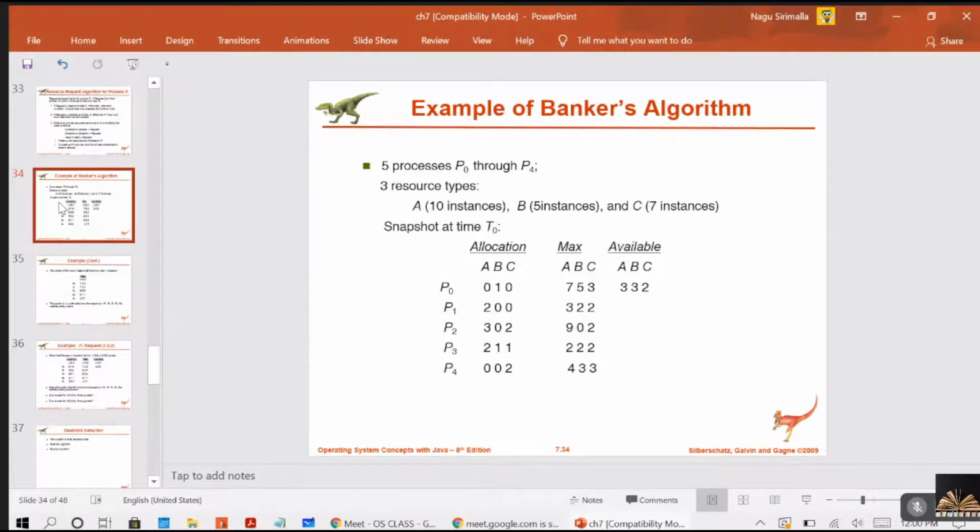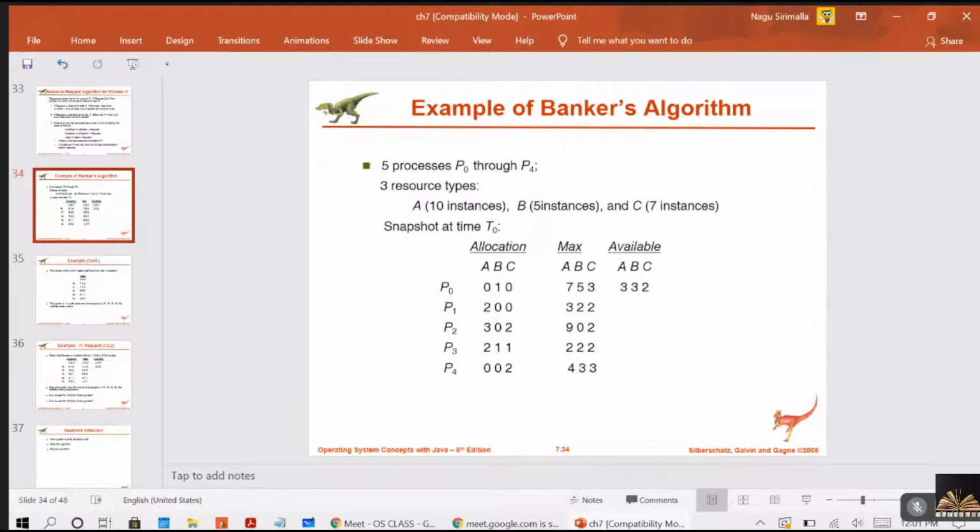So available of A is total resources of A minus the sum of the resources allocated to processes P0 to P4. Total is 10. If you add allocation, P1 allocated 2, P2 allocated 3, P3 allocated 2. Total 2, 3, 5 plus 2, 7. So allocated is 7, so available is 3.